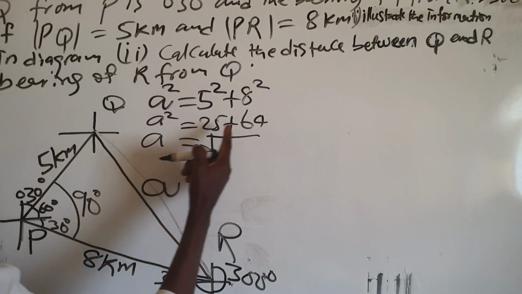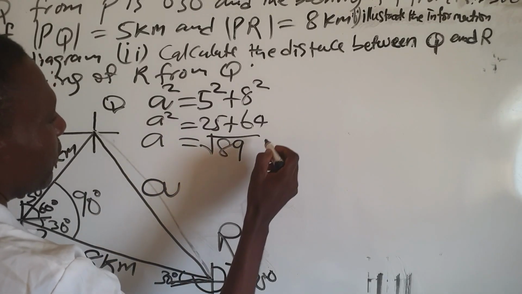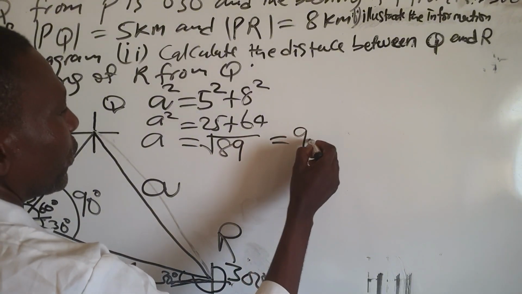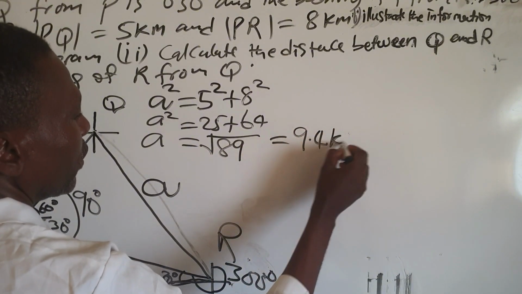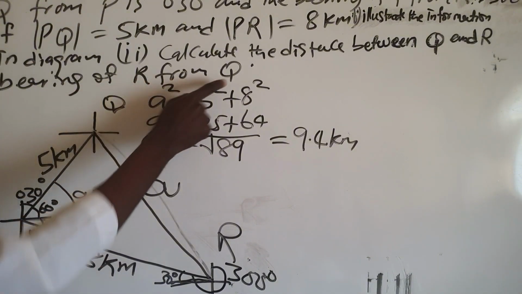Now, 25 plus 64 is what? 89. Then the square root of 89 is what? 9.4 approximately kilometers. So the distance here is 9.4 kilometers.